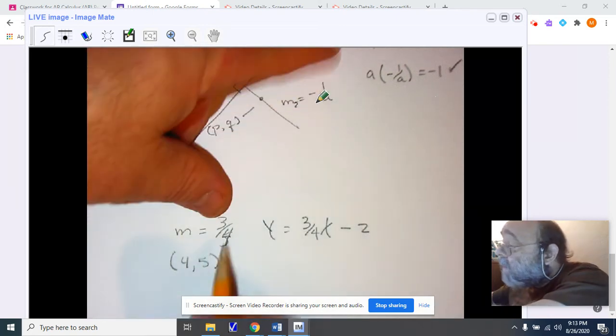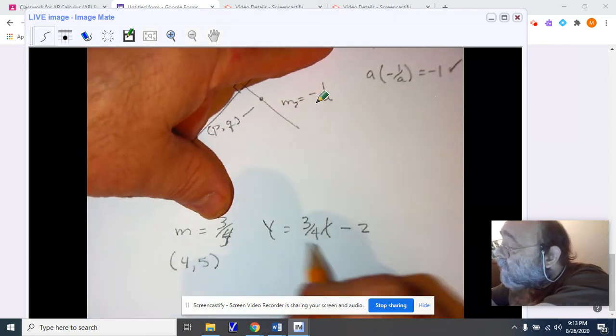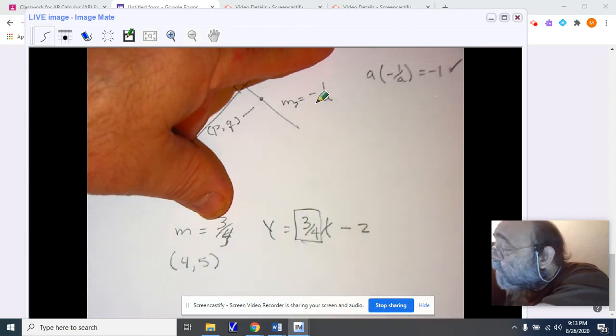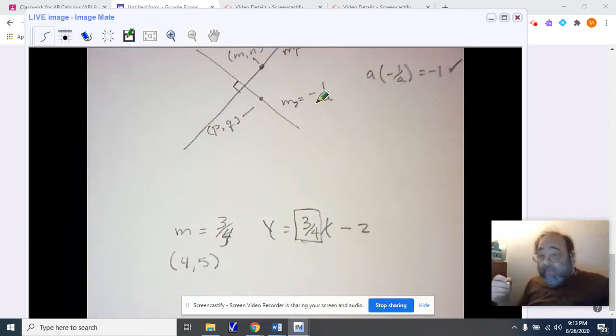So we're going to take our slope and the point. Notice our slope is located right here in the other equation. So they could say, find the equation of the line that is parallel to y equals 3/4 x minus 2 and goes through the point 4, 5. The key is the slope 3/4 and the point 4, 5.